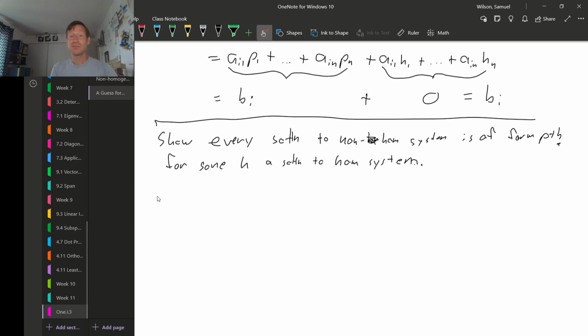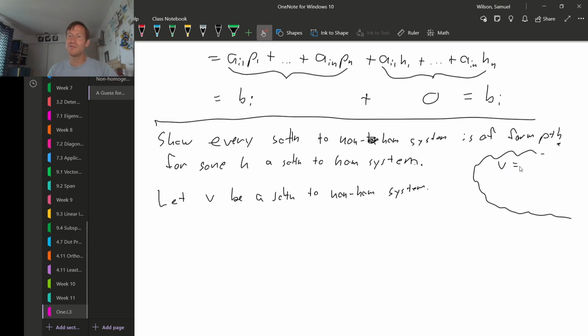Okay, so to start out, let's let v be a solution to the non-homogeneous system. Okay, so right, let me, over in the margin, write out what we're hoping.